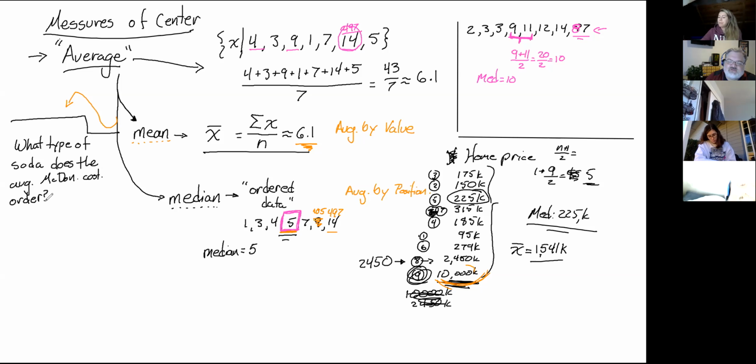If we imagine somebody wanting to know what type of soda the average McDonald's customer orders, of course, McDonald's certainly wants to know that. Advertisers want to know that. Suppliers want to know that. So wanting to know what type of soda the average customer orders is an important type of question.